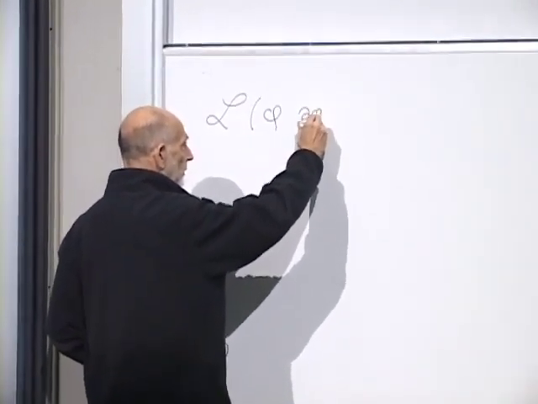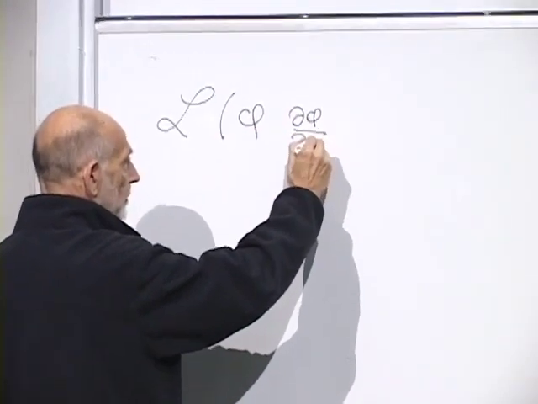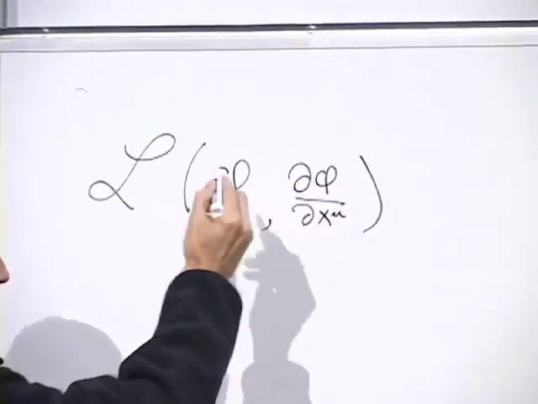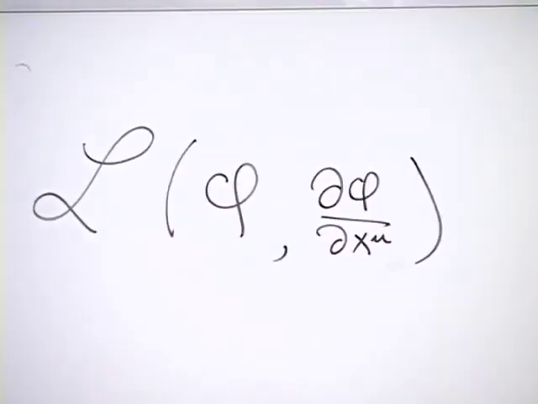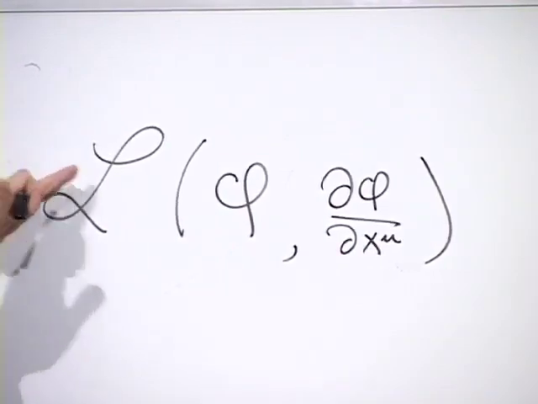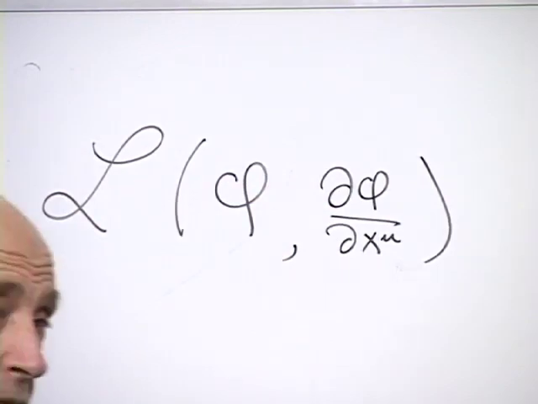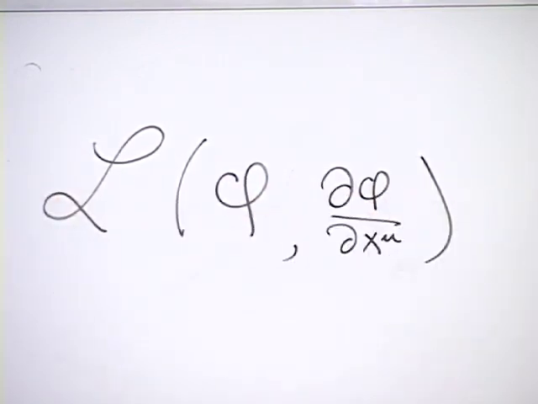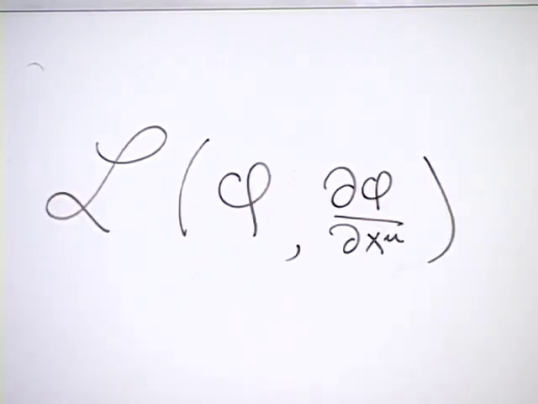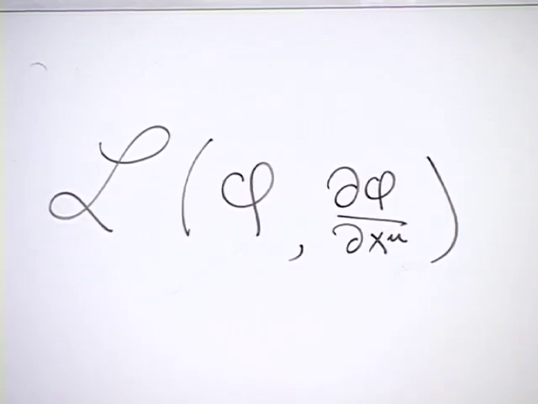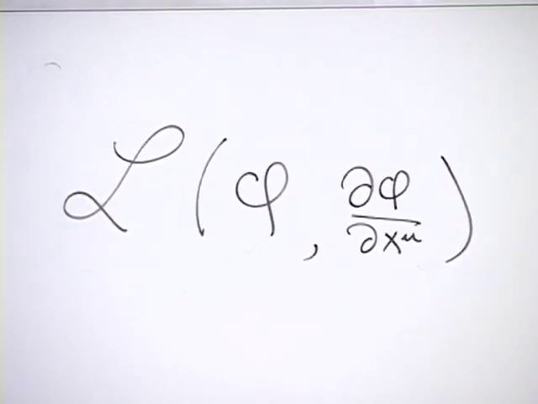Let's say the derivative of phi with respect to x mu. That's just a shorthand way of saying that the Lagrangian depends on phi and derivatives of phi. One thing which is required by the theory of relativity is that the Lagrangian be a scalar, that it transform under Lorentz transformations as a scalar. But that being said, the Lagrangian can be anything built out of phi's and derivatives of phi.